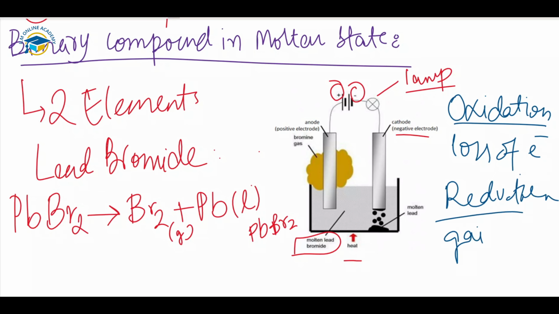Reduction is the process in which a molecule gains electrons, and oxidation is the opposite, in which an atom loses electrons. So these are the two reactions, or redox reactions, that happen in electrolysis. So for the electrolysis of lead bromide, what will happen? We have molten lead in our solution and bromine gas is present there.